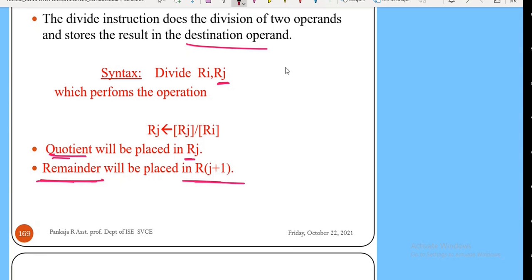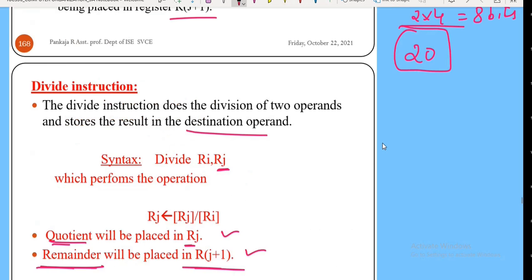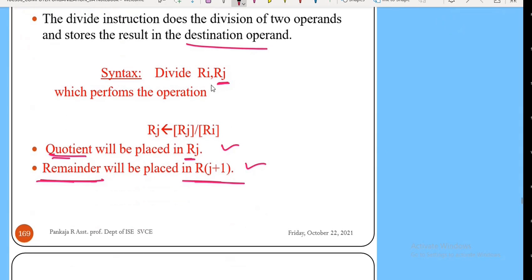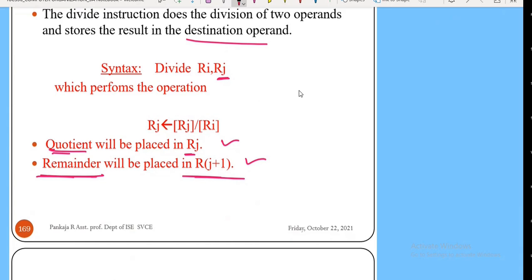Don't worry, you will come to know how it is stored in Rj plus 1 when we solve some numbers with division. I will show you how the quotient and the remainder are stored. So you need to remember where the result is stored: the quotient in Rj and the remainder in Rj plus 1.